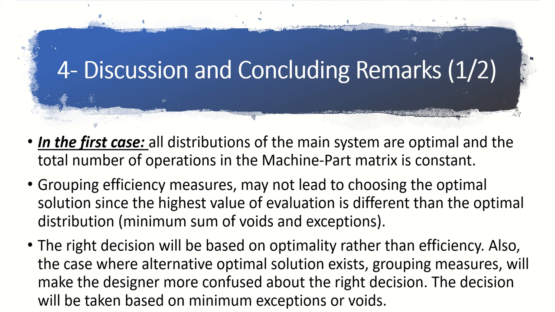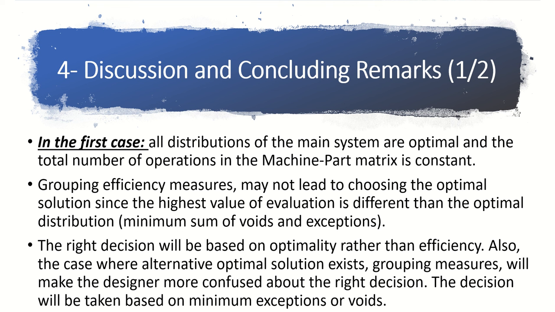As a conclusion, we can say that in the first case, all distributions of the main system are optimal and the total number of operations in the machine part matrix is constant. Grouping efficiency measures may not lead to choosing the optimal solution since the highest value of evaluation is different than the optimal distribution.